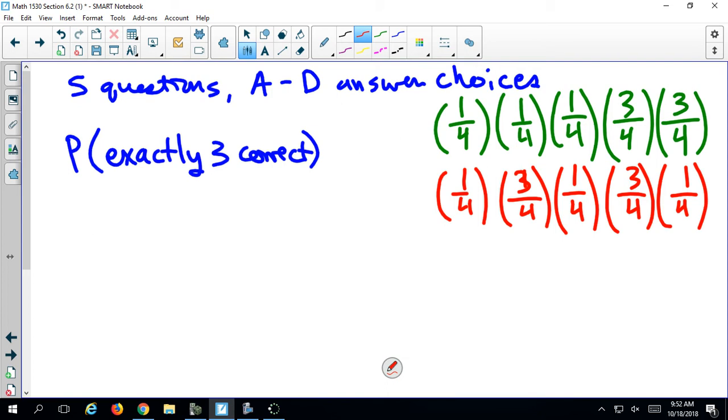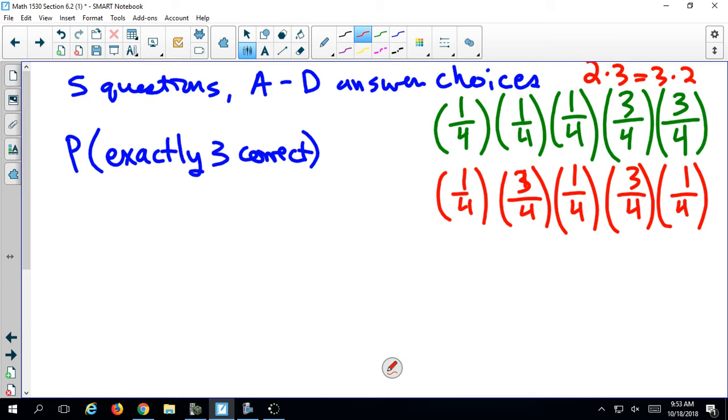So if you look at these two, they're almost the same thing, right? In fact, they're exactly the same, because we're multiplying the same things together, and it doesn't matter what order you multiply in. You know, 2 times 3 is 6, and 3 times 2 is also 6, right? They're the same thing.